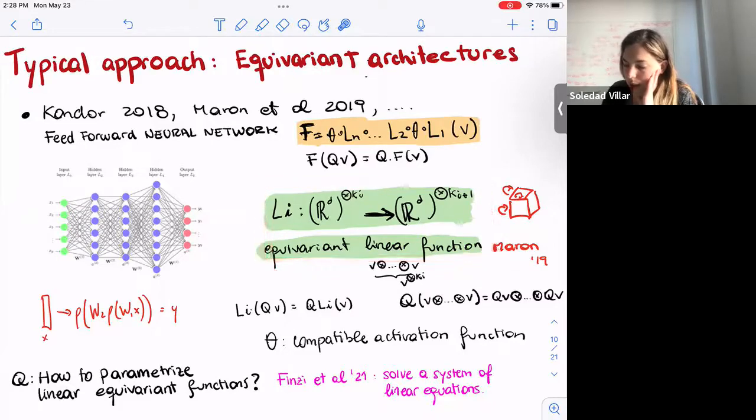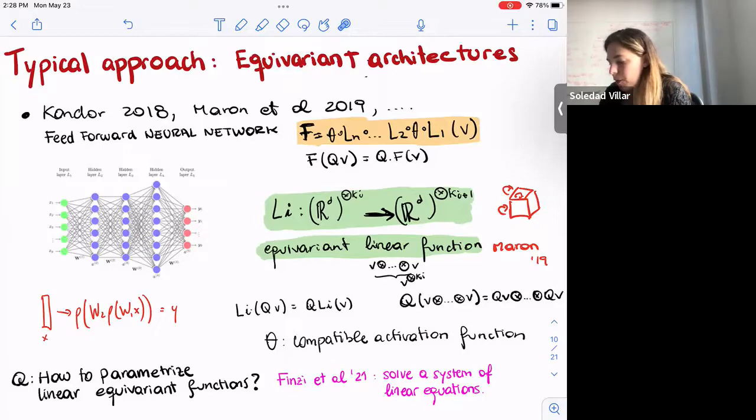So you can think of just considering enough constraints and then solving a big system of equations to find the parameterization of the space of functions that satisfy that. They have a very nice software package called EMLP that implements that, and we use this as a baseline for our code, in which we do something different.